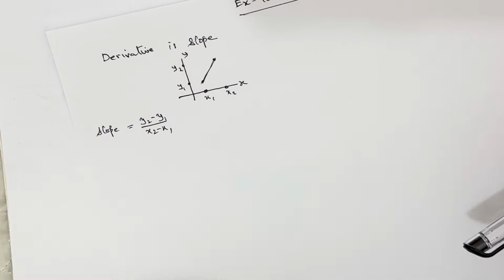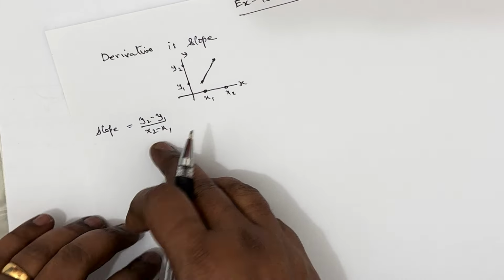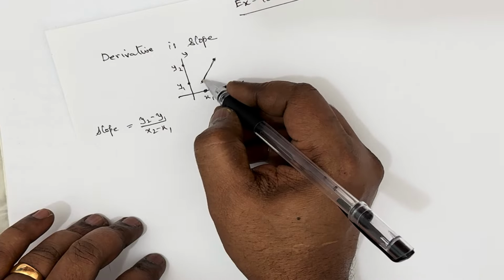Okay, this is how we calculate the slope of a line joining 2 points.